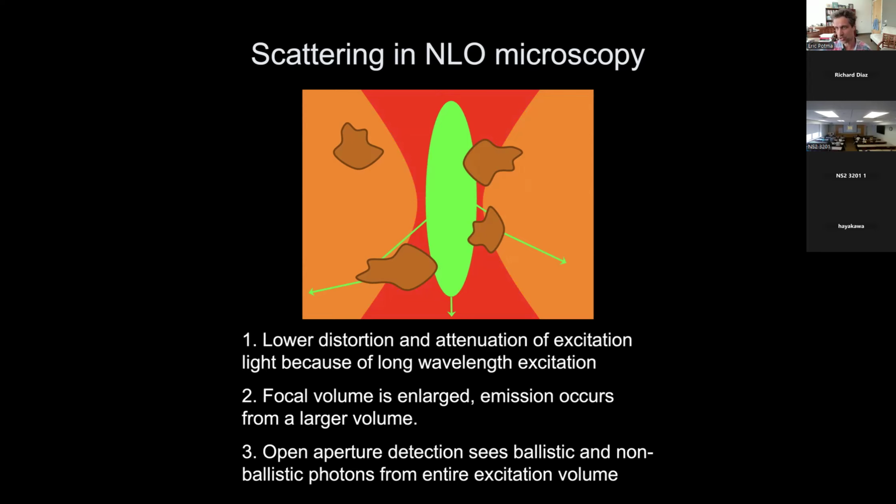You can just use a wide-area single pixel detector and try to capture them all, right? And therefore, you can actually get quite a bit of light because you don't care about the directionality of the light after the signal was generated. You just want to capture it. You just want to know how many photons were generated. You don't care about the directionality. So that's why nonlinear optical microscopy is really attractive for tissue imaging.